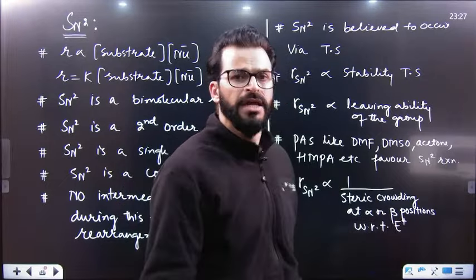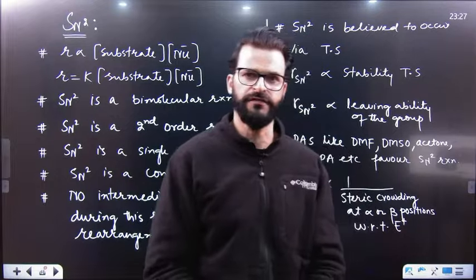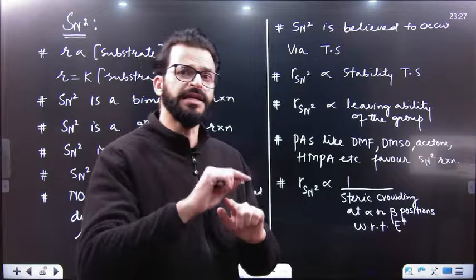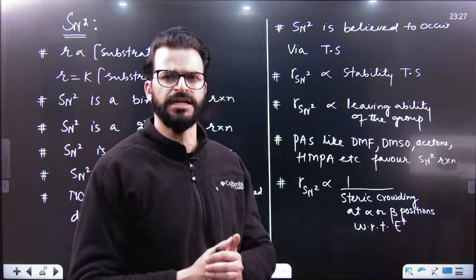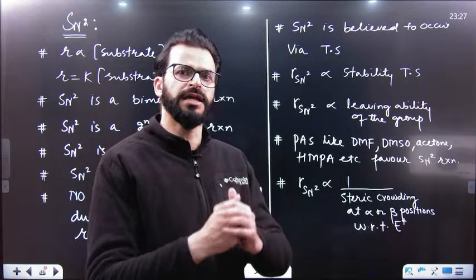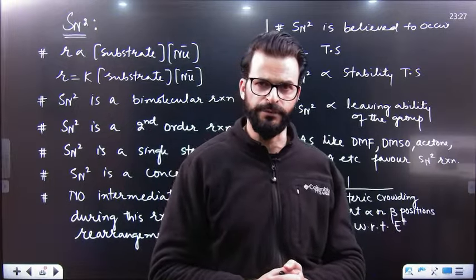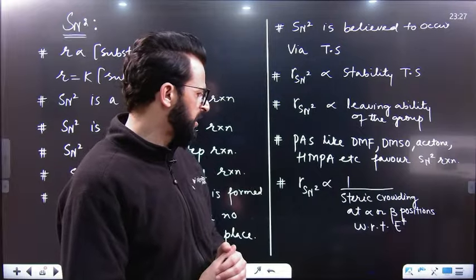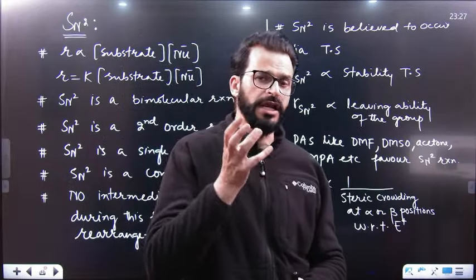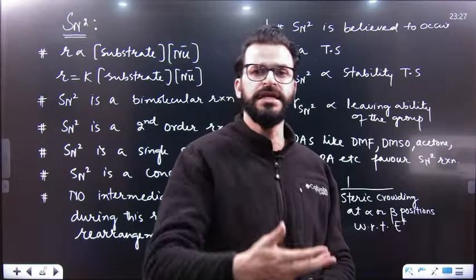I mean to say, if the leaving group is attached to a carbon known as alpha carbon, and many alkyl groups are attached to that carbon, it becomes sterically crowded, so nucleophile will not attack at alpha position, so rate of SN2 will be less. Similarly, if crowding or alkyl groups at beta position with respect to leaving group are increased, rate of SN2 will decrease.